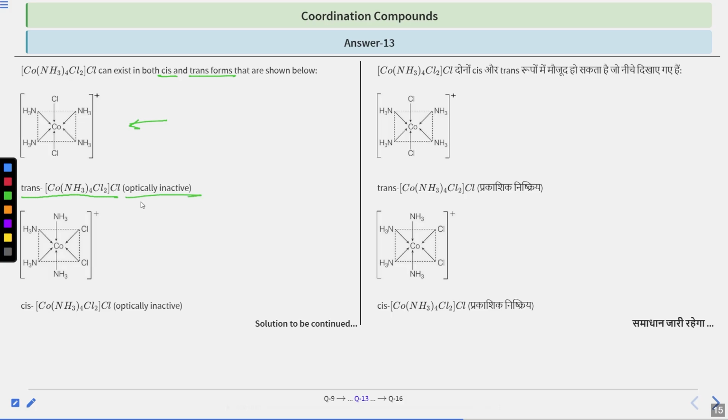This is an optically inactive compound because a plane of symmetry is present. And the cis form is also there for [Co(NH3)4Cl2]Cl. You can see 2 chlorines are adjacent to each other, so it is the cis form. It is also optically inactive due to the presence of a plane of symmetry.